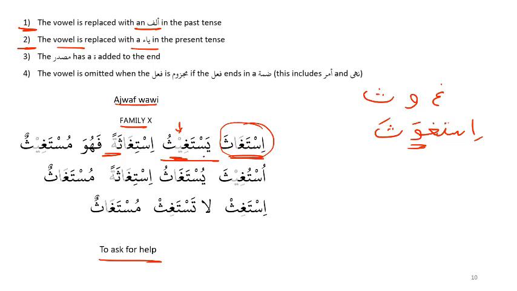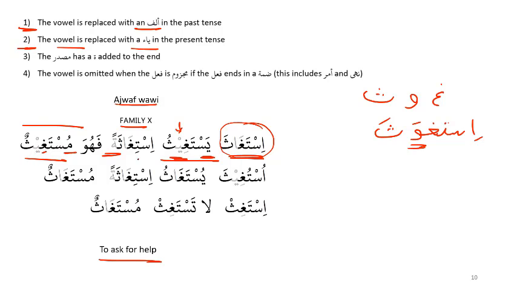So you take this thing, istighathatan, fahuwa mustaghithu. This is a rule we've seen before, that to create the fail, you put a meme dhamma instead of the mudare indicator. And then the middle letter, here the ghain gets a kasra: mustaghithun.